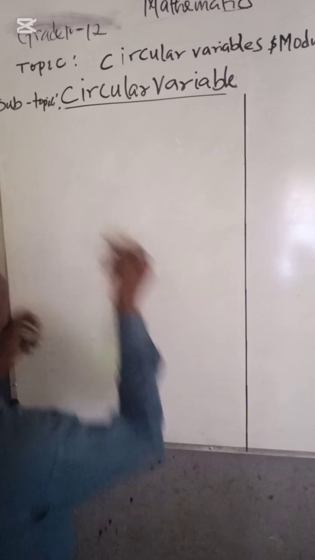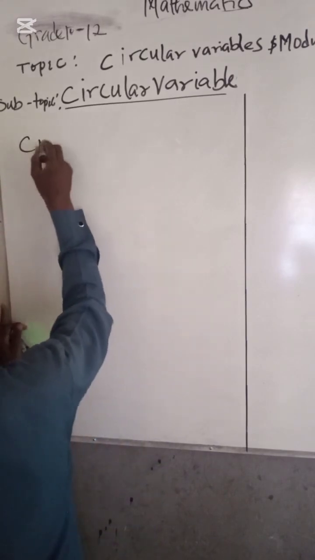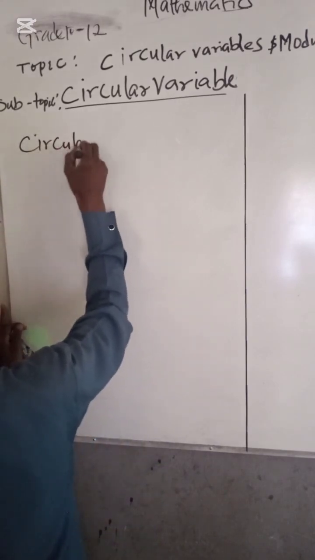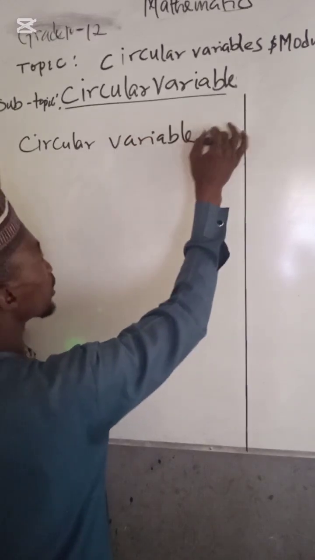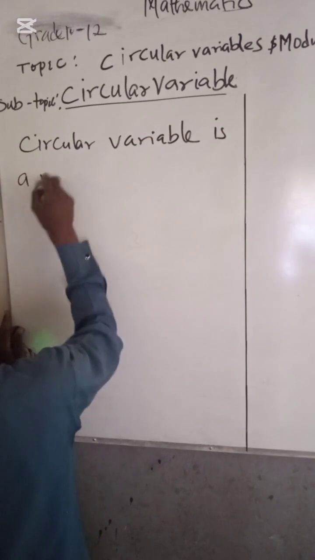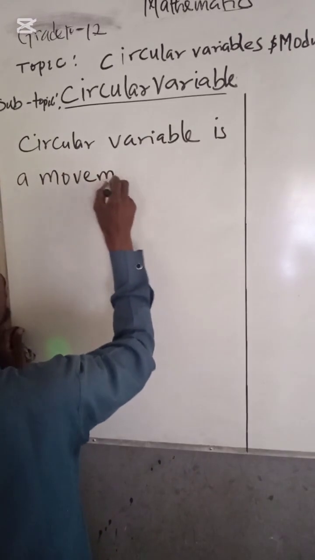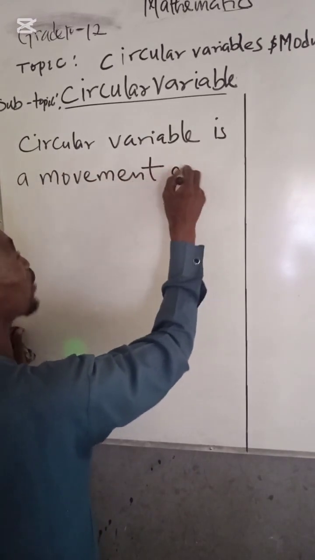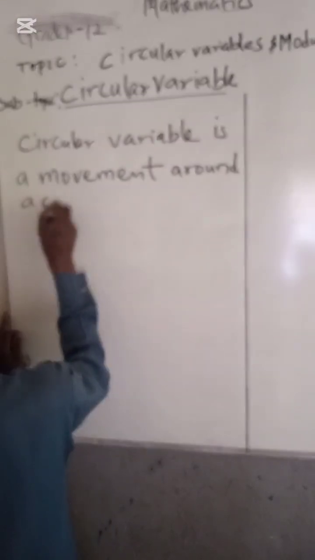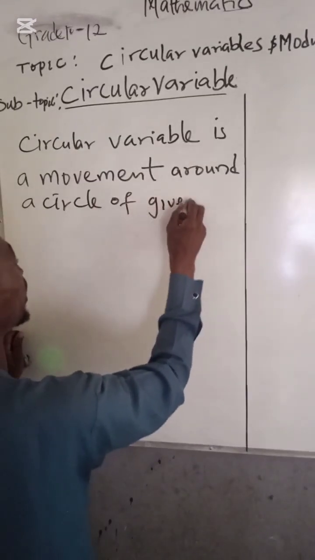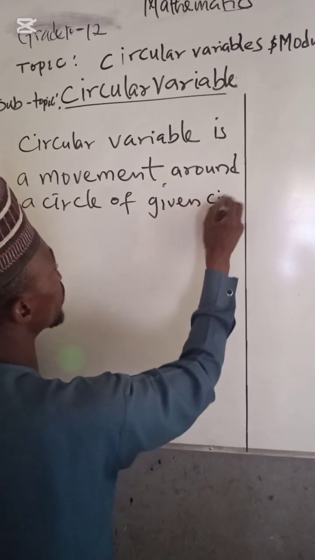Now let's see. Circular variable is a movement around a circle of given circumference.